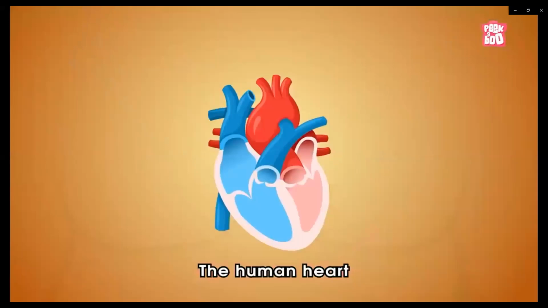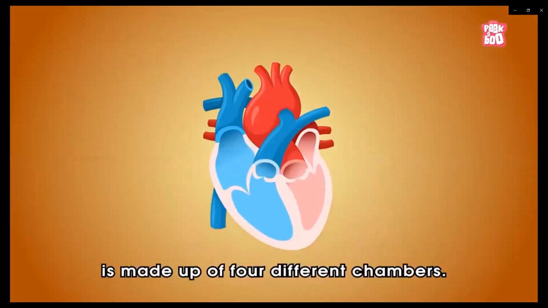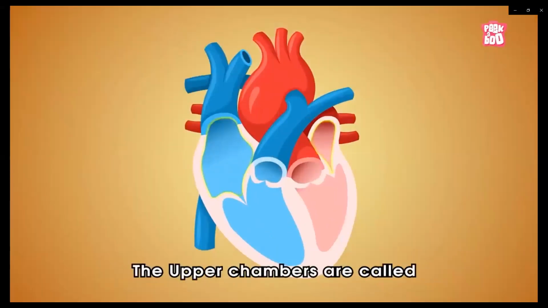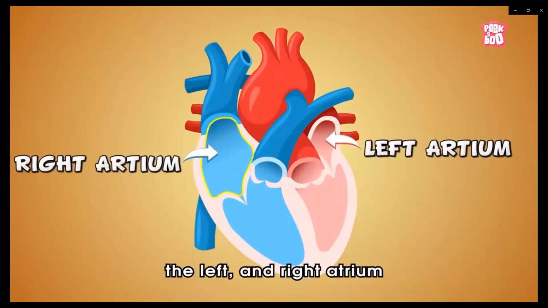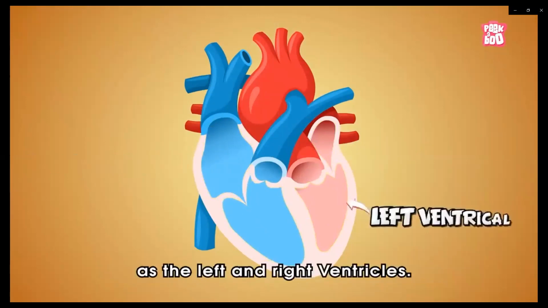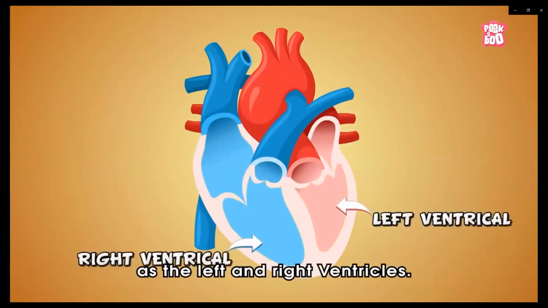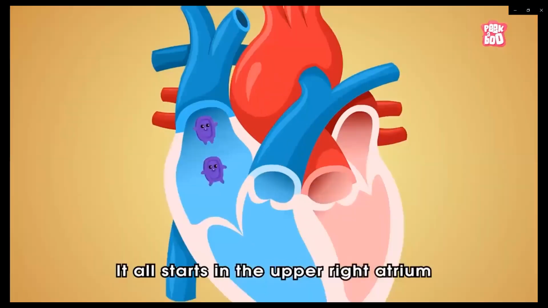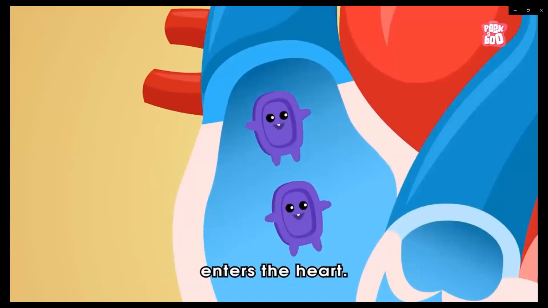The human heart is made up of 4 different chambers. The upper chambers are called the left and right atrium, and the bottom chambers are known as the left and right ventricles. It all starts in the upper right atrium, where the deoxygenated blood enters the heart.